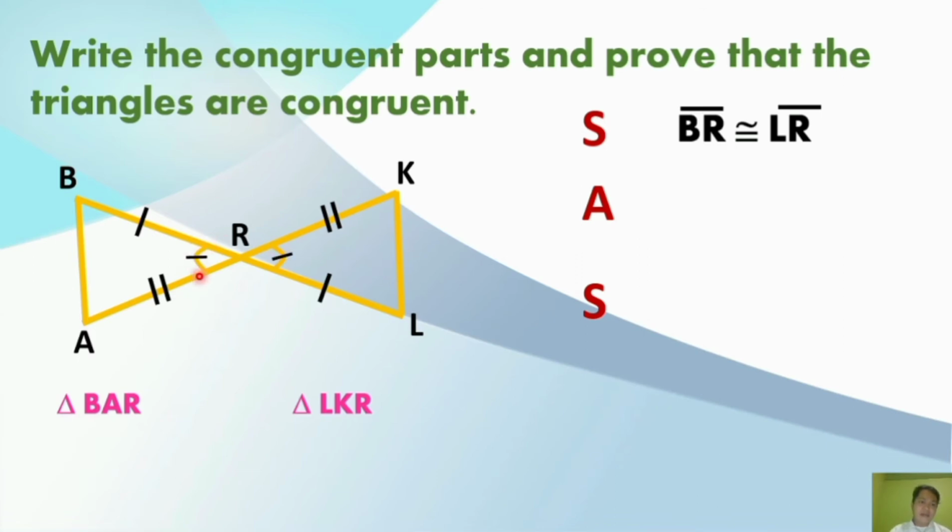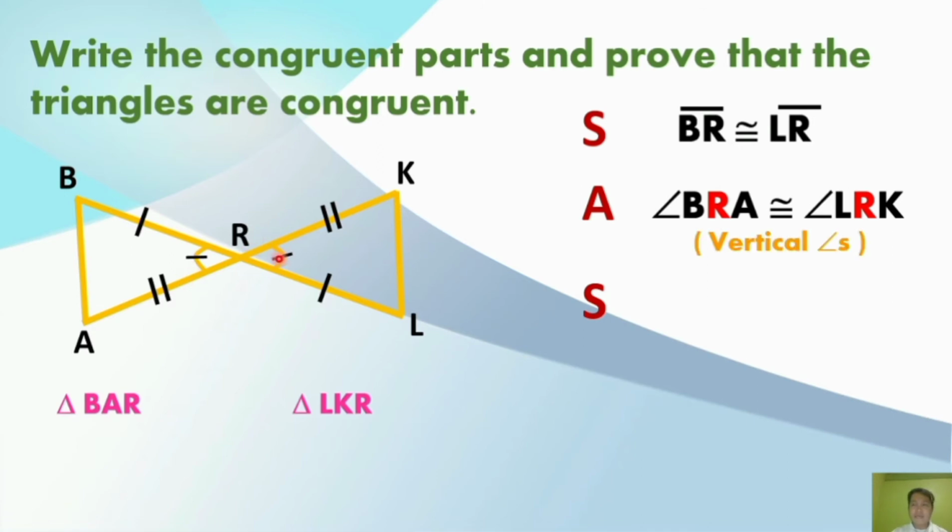This angle here is named angle BRA, and this angle here is named angle LRK. So angle BRA is congruent to angle LRK. And by the way, these 2 angles here are congruent based on vertical angle theorem, because these 2 angles here are vertical angles.